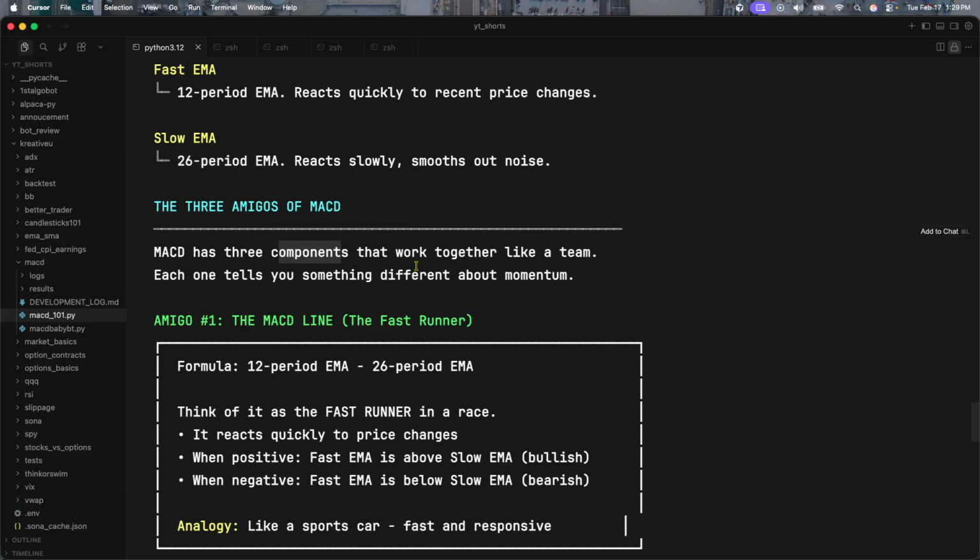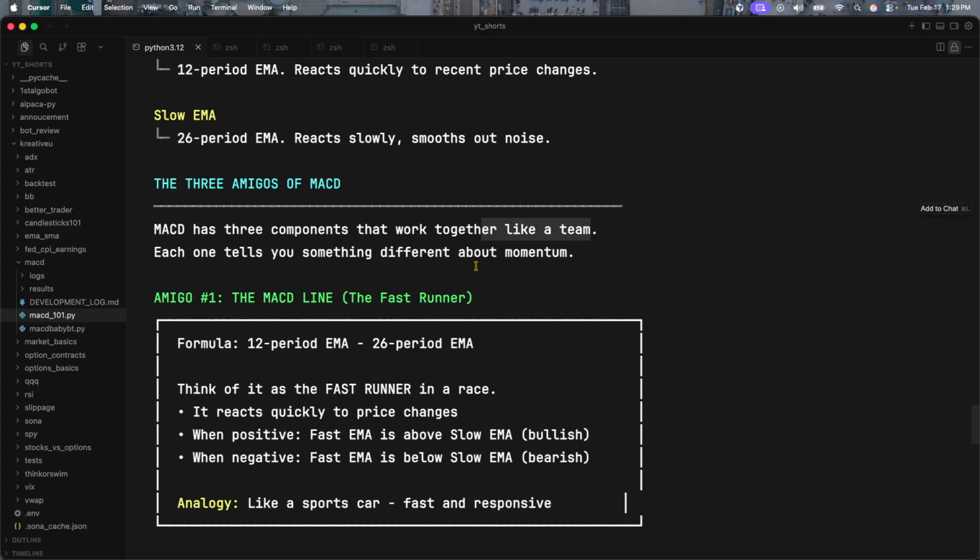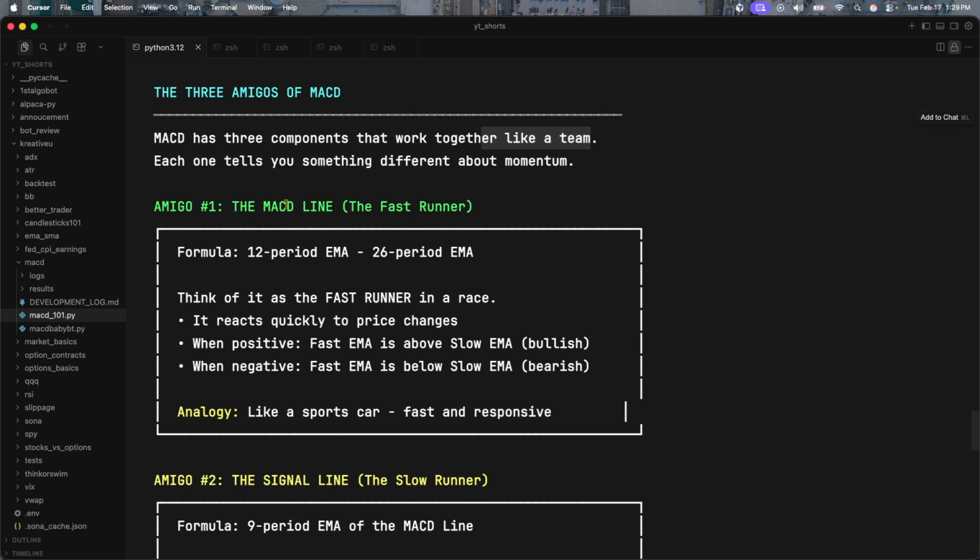So the three amigos of MACD, right? MACD has three components that work together like a team. Each one tells you something different about the momentum. Amigo 1 is going to be the MACD line. This is going to be the fast runner. The formula is going to be 12 period EMA, or 12 minutes of EMA, subtract 26 minutes of EMA. So think of it as the fast runner in a race.